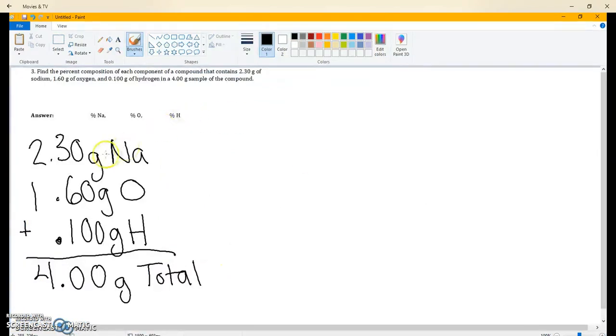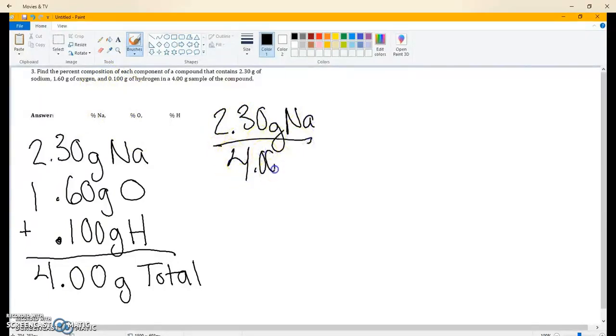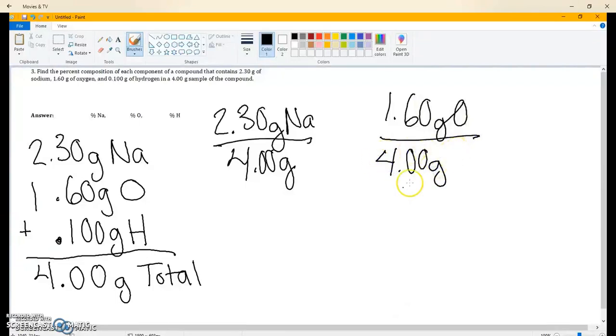Alright, the first thing I like to do is I write out all of my information. So this is how much sodium I have, this is how much oxygen, hydrogen, and there's 4 grams total. So in order to find my percent sodium, I take 2.30 grams of sodium divided by the total 4 grams. In order to find oxygen, 1.60 grams of oxygen divided by 4 grams total.